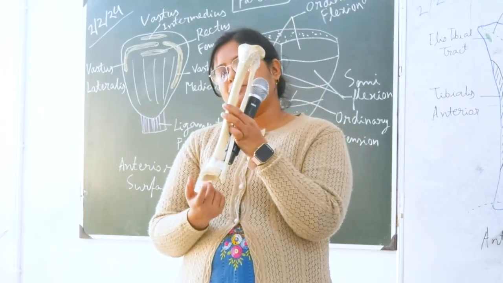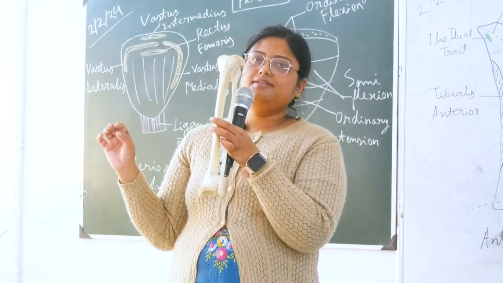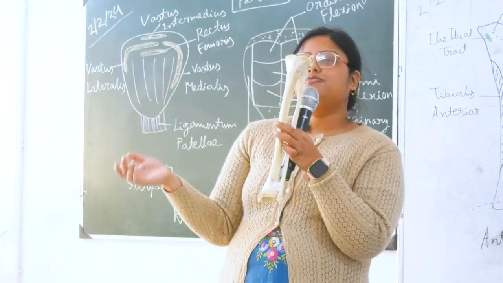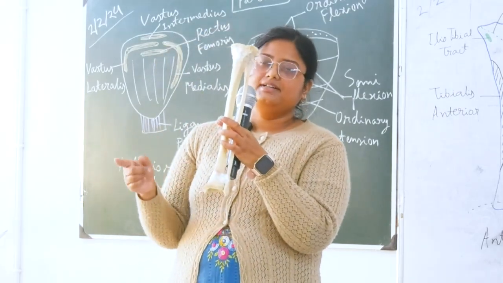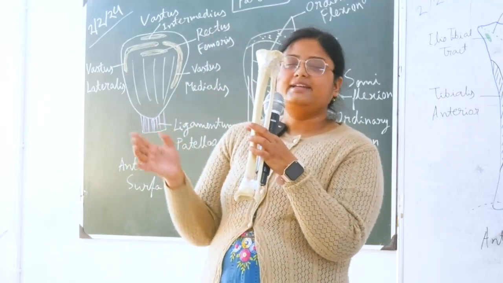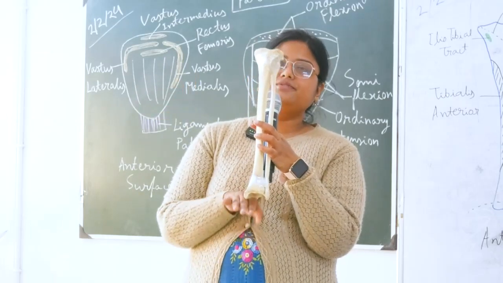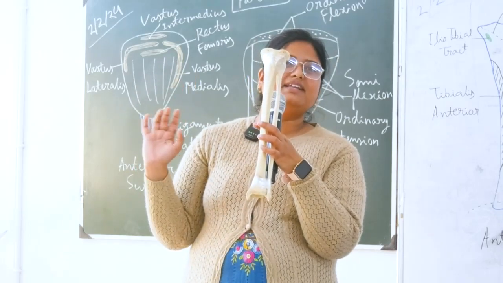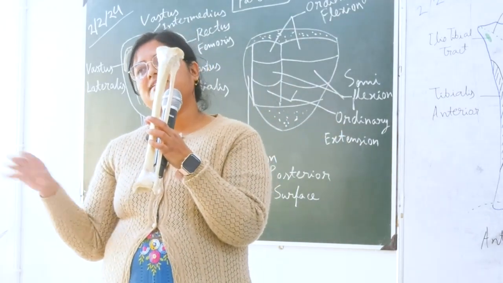This mortise articulates with the upper surface of the talus to form the ankle joint. It only articulates with a single bone of the foot, only the talus. It does not articulate with any other tarsal bones.